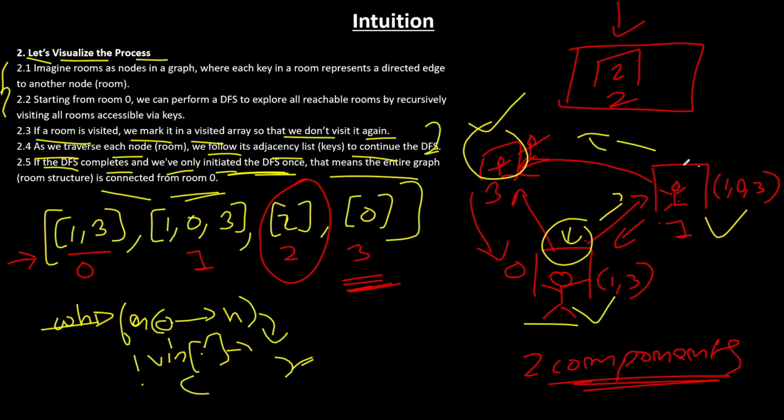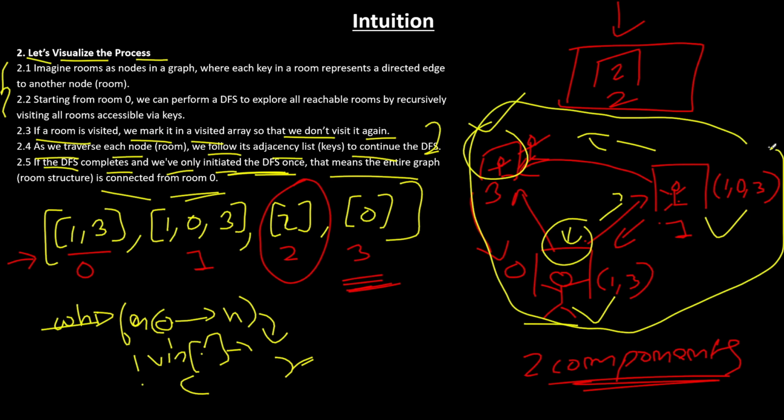But here, if you start a DFS, you will run it once. Since you won't be able to visit this particular node, when you come back we will increase the count by 1 because you did the DFS call one time. Then the for loop will go again: 0 visited, 1 visited, 2 not visited.